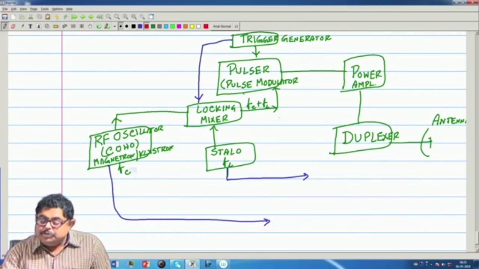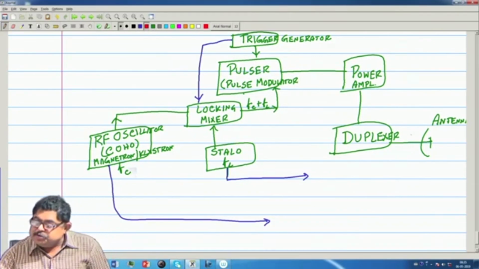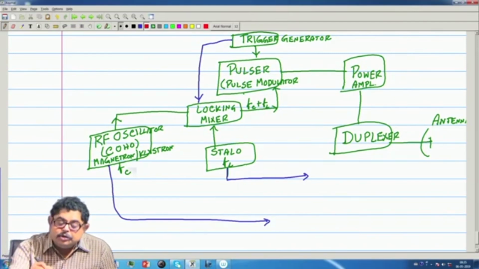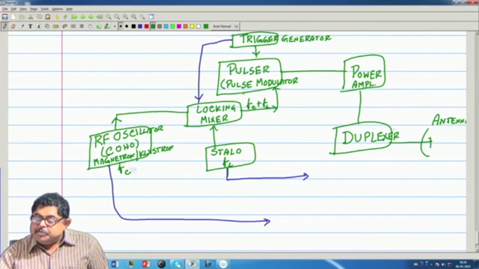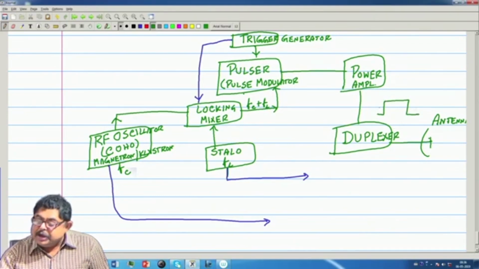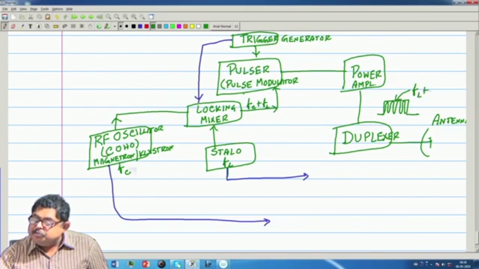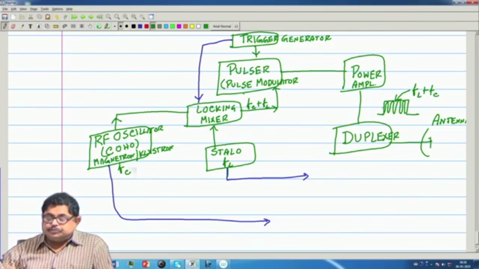So, I can say what will be the transmitted frequency. Let me write this FC plus FL with a pulse. So, this signal frequency is FL plus FC, and its phase is also known, a very stable phase.